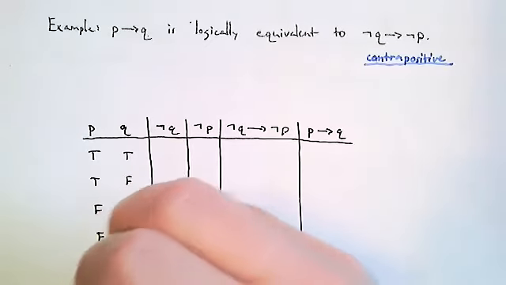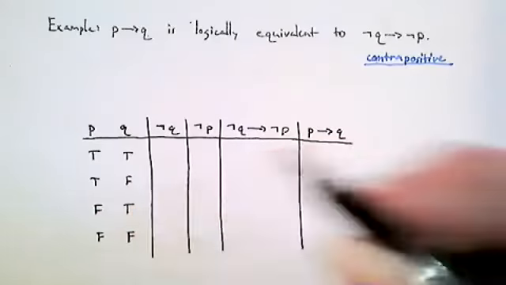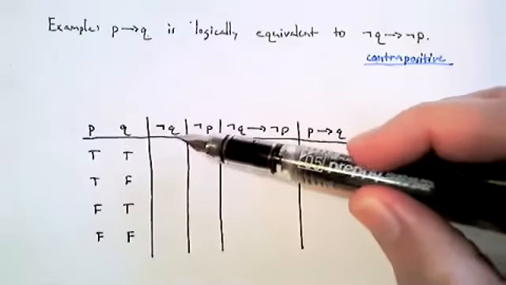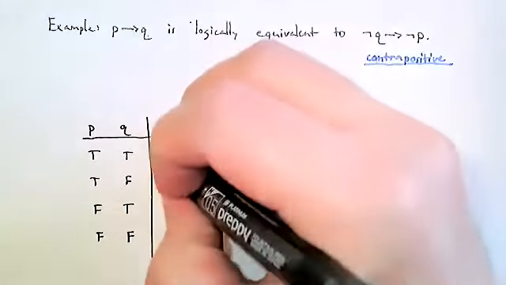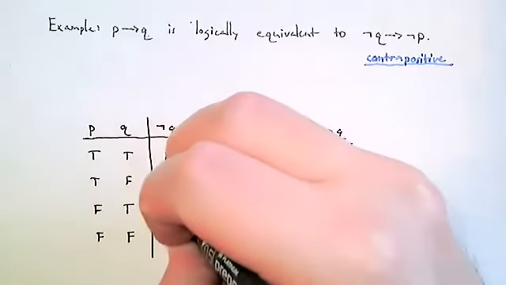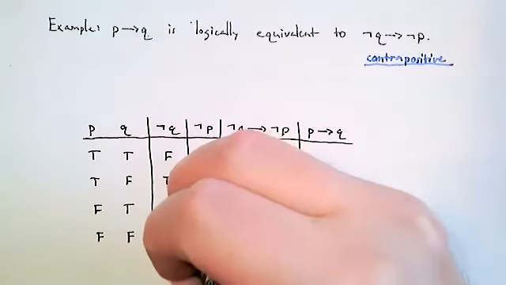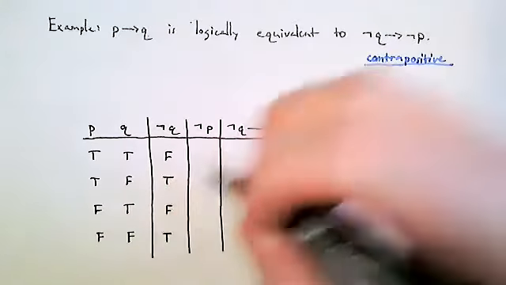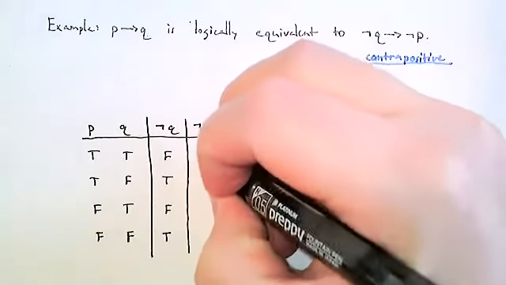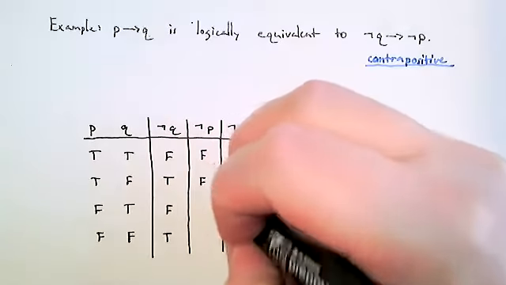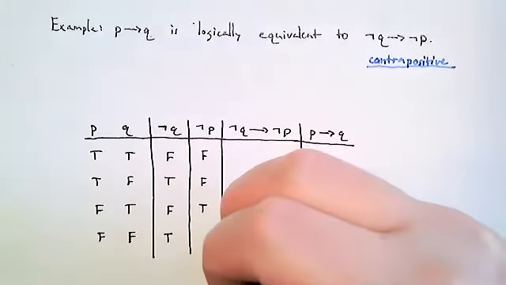Just fill in on the left with the combinations, and then switch the truth values for Q. So we get a false, true, false, true. Switch the truth values for P. So we get a false, false, and then true, true.